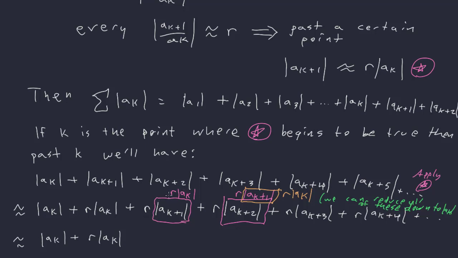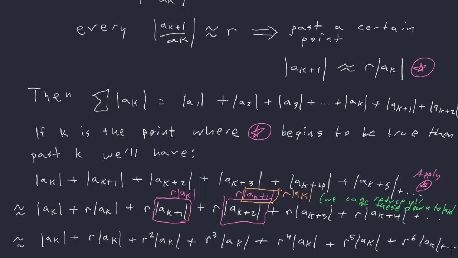Then here I'll have two r's, so that will be plus r squared times a_k. Here I had an r, an r, and an r, so I have r cubed a_k. Hopefully by now you can see the pattern. Here we'll have an r to the 4th times a_k plus r to the 5th times a_k plus, and we can keep it going, r to the 6th a_k, plus on and on and on.